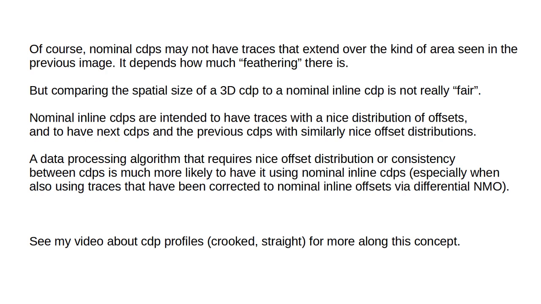A data processing algorithm that requires nice offset distribution or consistencies between CDPs is much more likely to have it using nominal inline CDPs, especially when also using traces that have been corrected to nominal inline offsets via differential NMO. See my video about CDP profiles, crooked and straight, for more along this concept.